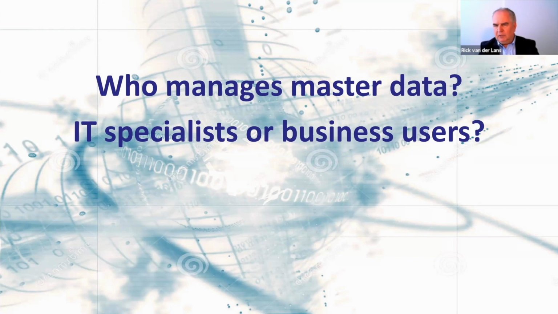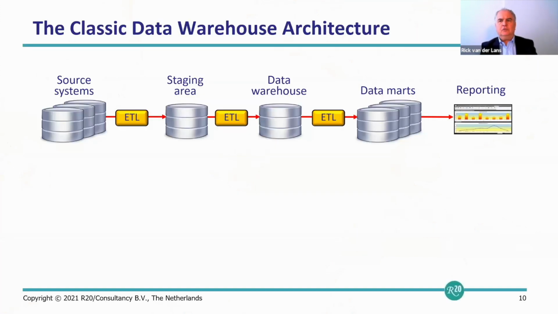But if you look at what happens if users do identify that something is incorrect, what normally happens is the following. I'm using the classic data warehouse architecture as an example, but I could also have used the data lake architecture or the data hub architecture. I've just taken one of the most classic ones. And I hope you recognize this architecture, where we copy data from staging areas to warehouses to data marts.